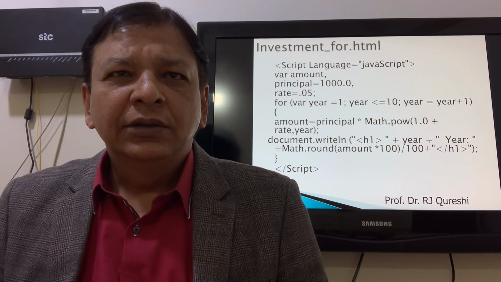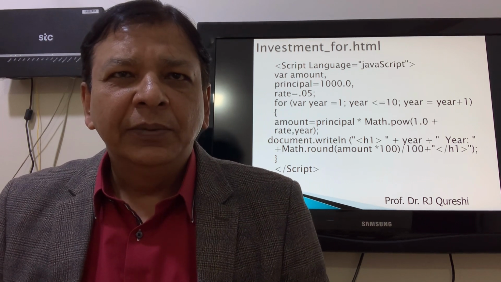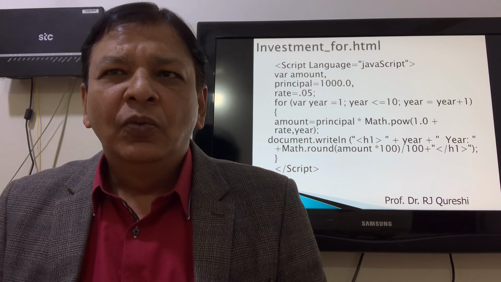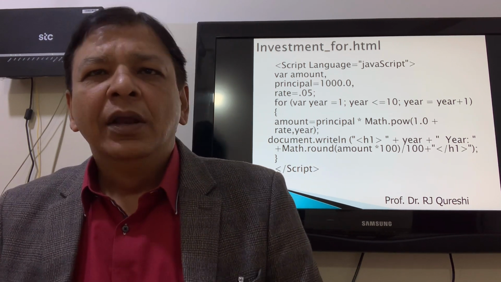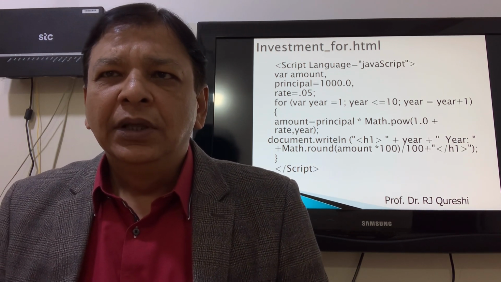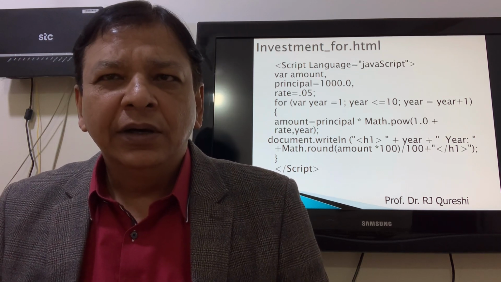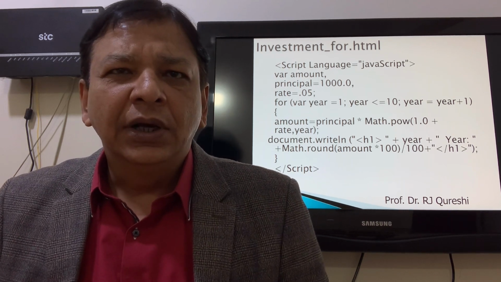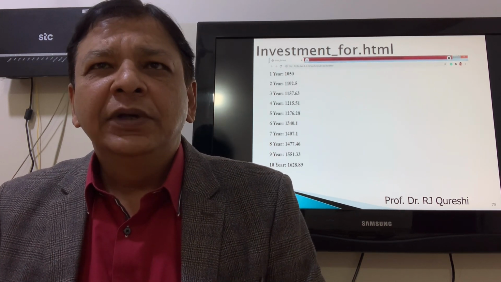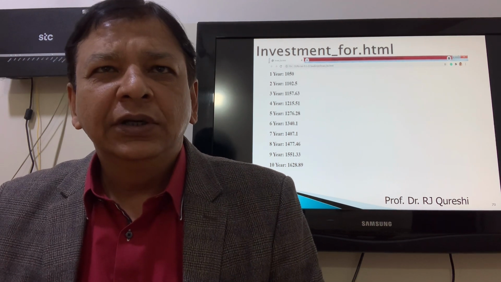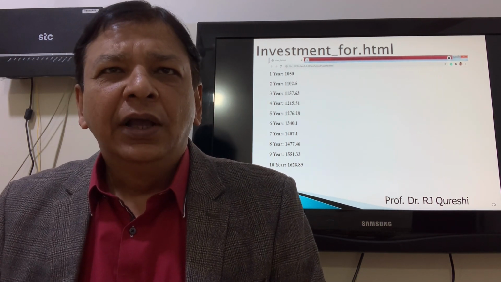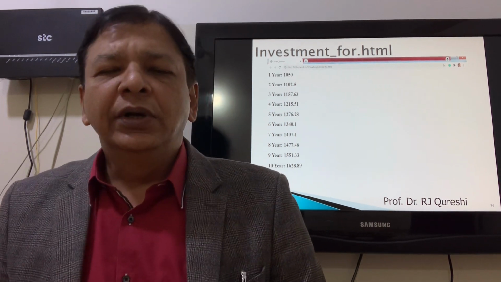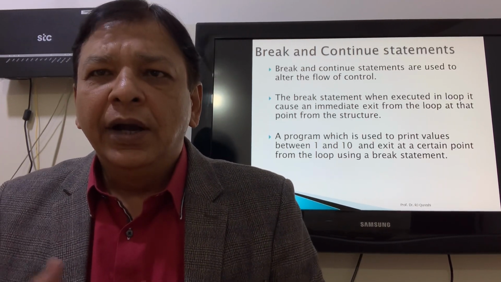We start the for loop with the curly bracket, amount is equal to principal multiplied by Math dot pow, 1 plus rate comma year, document dot writeline, the year plus Math dot round, amount multiplied by 100 divided by 100. We close the script. This is the execution of investment for.html. First year is equal to 1050, second year 1102.5, till 10 years, 1628.89.